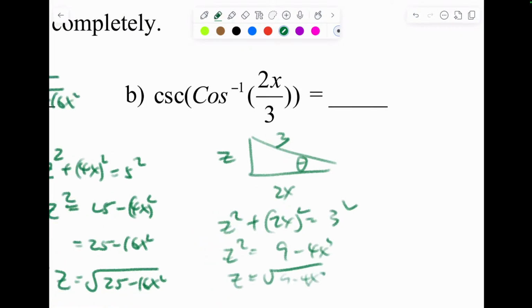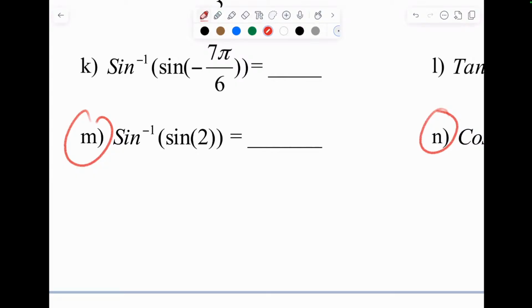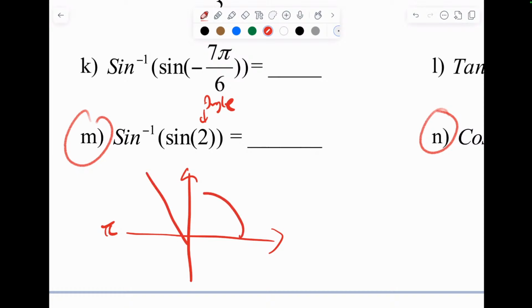Okay, so is M undefined? No. Sine of 2. Where is the 2? This is the angle, right? Where's the 2? Well, this is pi, right? 2 is in which quadrant? Second quadrant, because this is very close to 3.14, right?